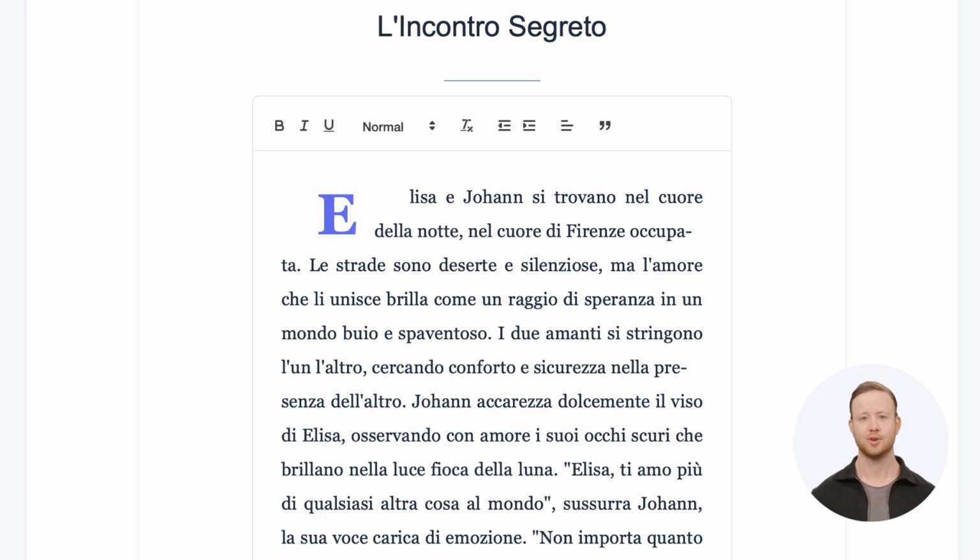Common mistakes to avoid when closing a chapter. 1. Ending a chapter without a real conclusion. A chapter that ends flatly or without a clear development can lose the reader's interest. 2. Using too many cliffhangers. If each chapter ends with an extreme twist, the reader may perceive it as excessive. 3.